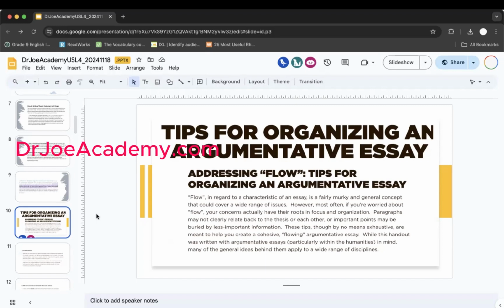Paragraphs may not clearly relate to the thesis or each other, or important points may be buried by less important information. These tips, though by no means exhaustive, are meant to help you create a cohesive, flowing, argumentative essay. While this handout was written with argumentative essays, particularly within the humanities, in mind, many of the general ideas behind them apply to a wide range of disciplines.